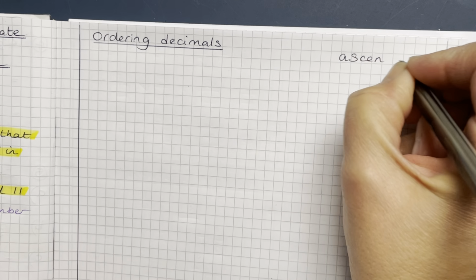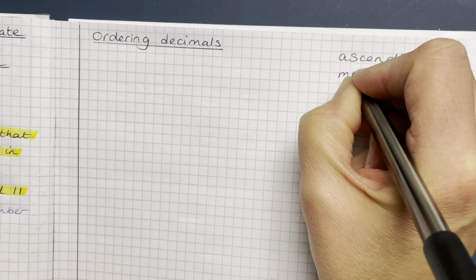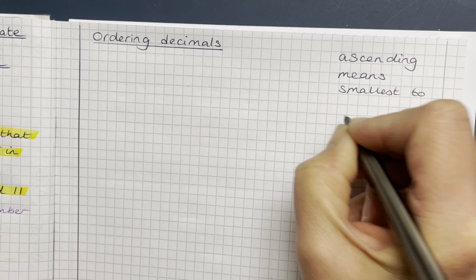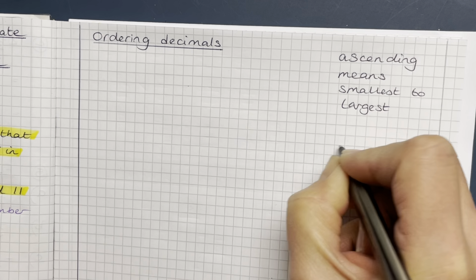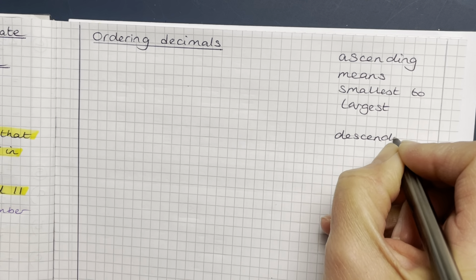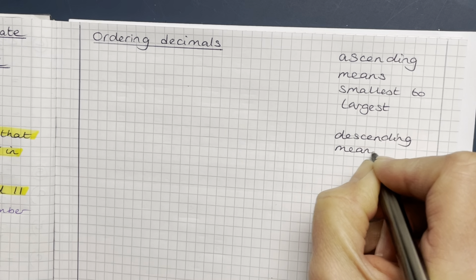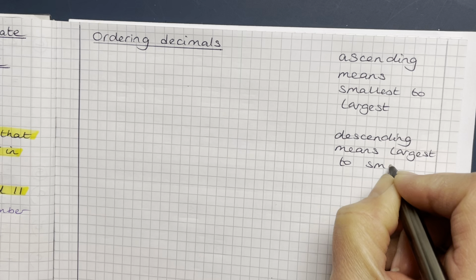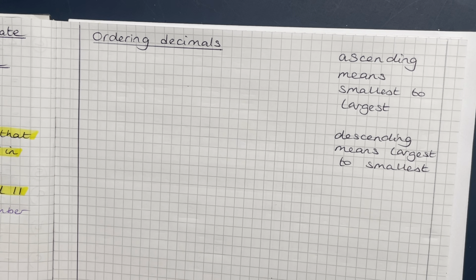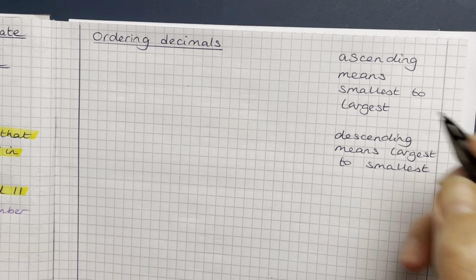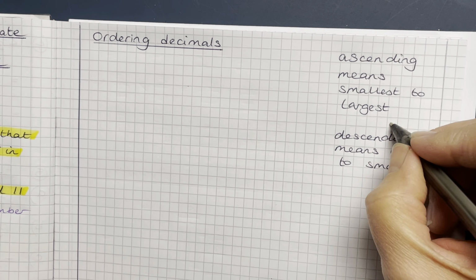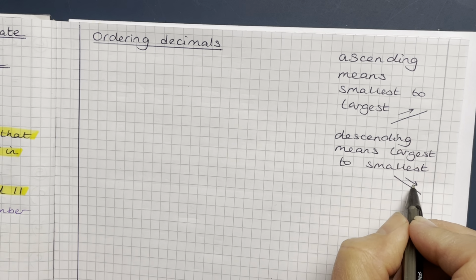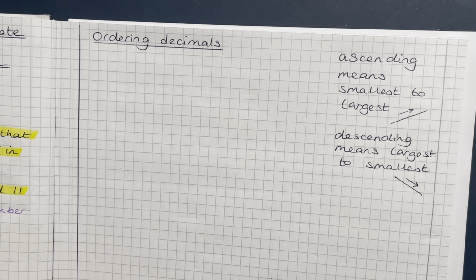So let's just put a little note there so that we know what those terms mean. Ascending means smallest to largest, and descending means largest to smallest. So imagine if you were going on a walk up a mountain, ascending would mean going up the mountain, and descending would mean coming back down the mountain at the end.